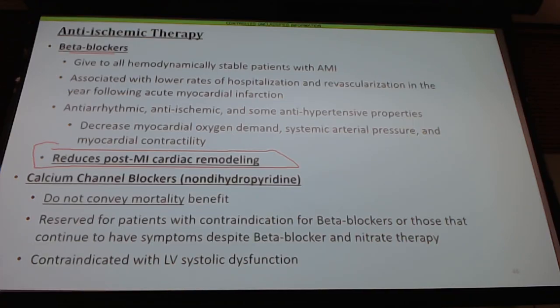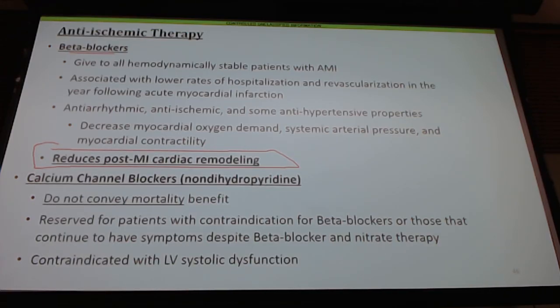Beta blockers have been shown to limit that scarring to just the affected area, so you don't have collateral damage occur from that scarring process. Okay? So it preserves myocardium, it preserves myocardial function and limits that adverse remodeling.